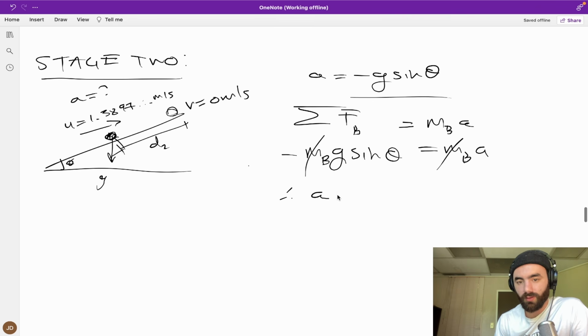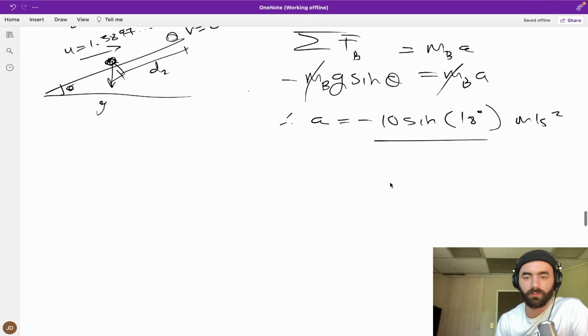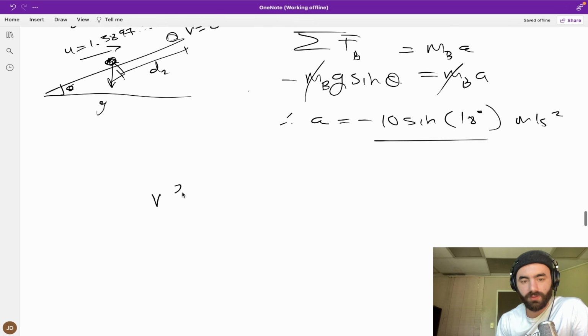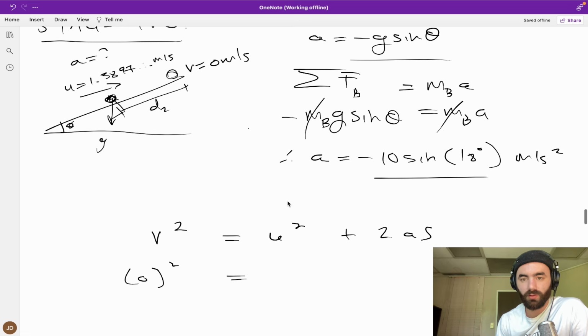So therefore a equals minus 10 sine of 18 degrees. So I might just keep it like that. I can substitute it in. Now this distance, which we want to find, we know that v squared equals u squared plus 2as. So v squared is 0 squared at the top of the slope.